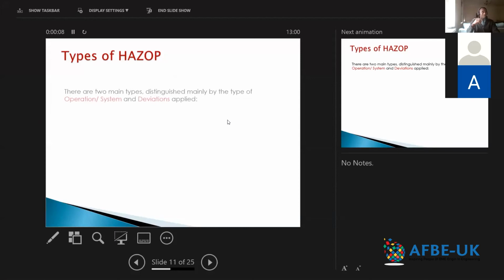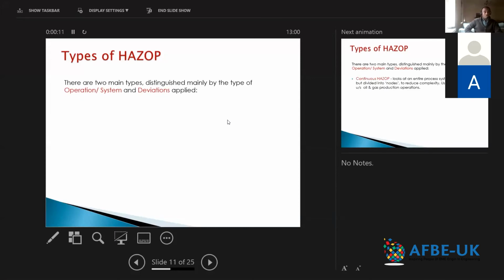There are basically two types of HAZOP. Touched on that earlier. The difference in the types depends on the type of the operation or the system that you're dealing with, and obviously the deviations that are applied. That's what distinguishes the two types of HAZOPs.